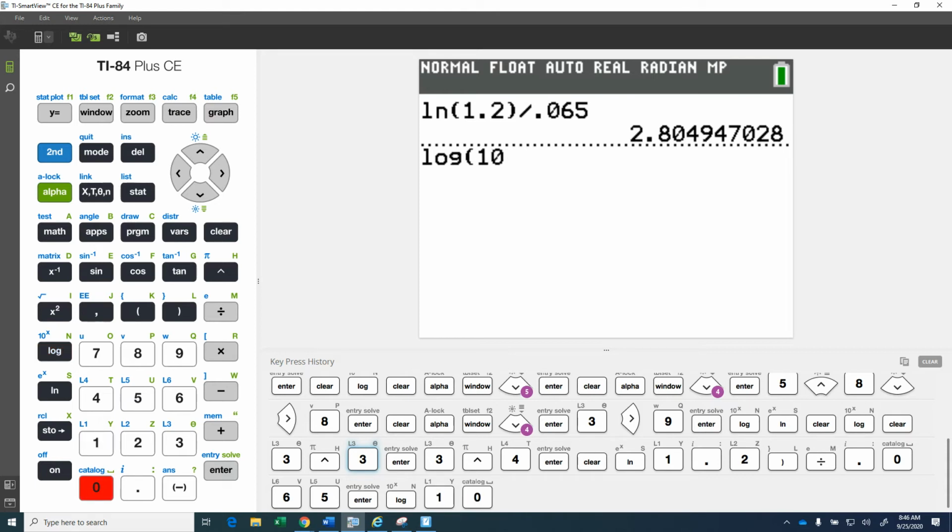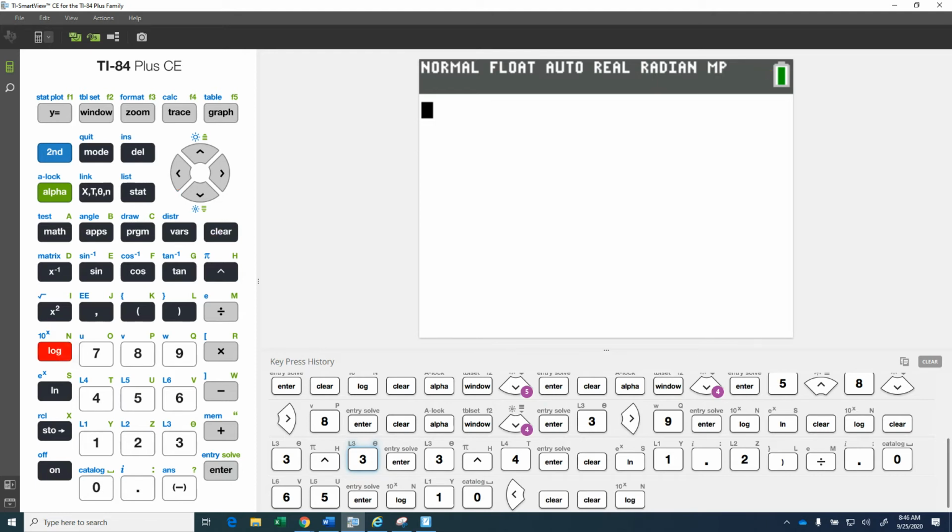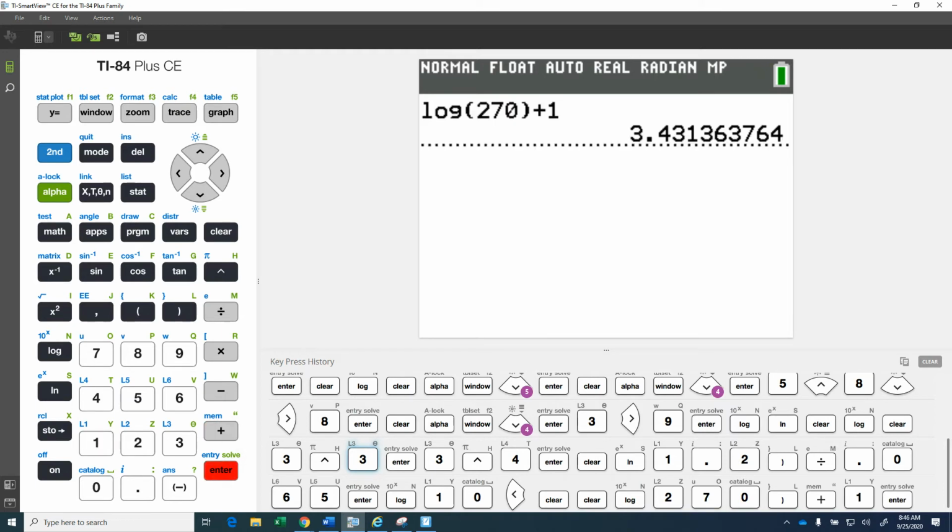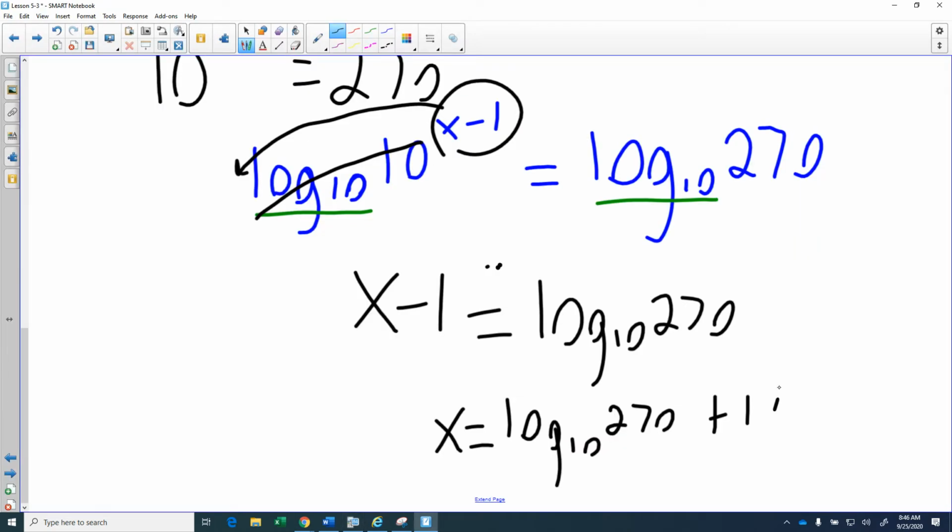So we have log of 270 plus 1 to get an answer of 3.43. So my final answer for this one would be x equals 3.43.